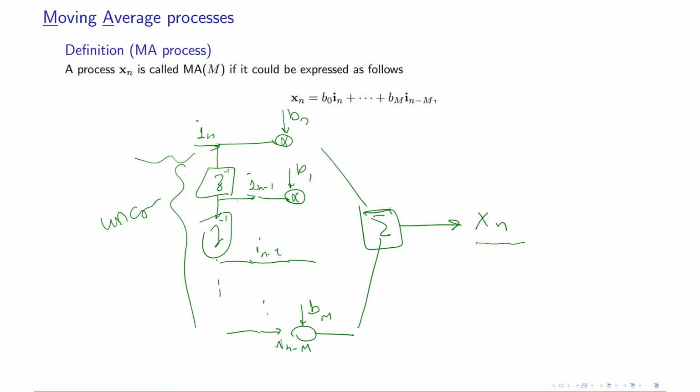The objective of a moving average random process is to represent X[n] using the parameters B0 up to BM and the random process I[n]. The variance of I[n] is assumed here to be equal to 1.